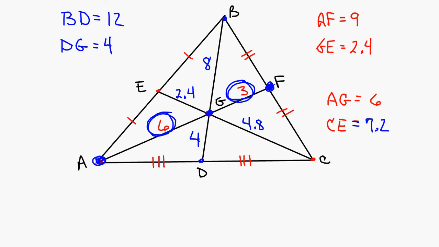If they give you the long piece, you divide it by 2, you get the short piece. If they give you the short piece, you multiply it by 2, it gives you the long piece. They're all half and double of each other in the centroid.